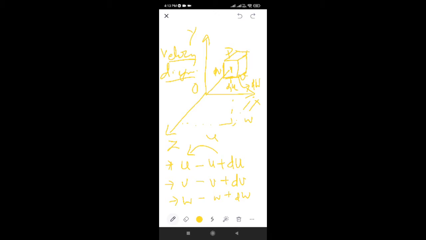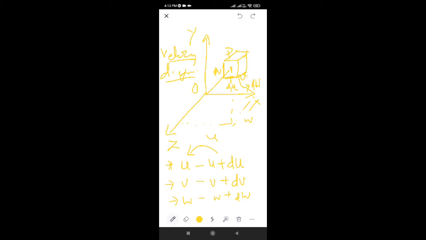We have only one molecule, and we are concentrating on that molecule. Now, what is the probability that the given molecule has its velocity between u and u plus du?